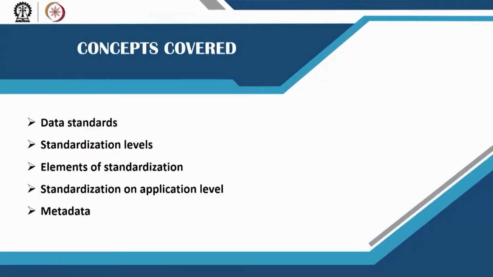As I go through the concepts, the first thing is I would look at what data standards are, and what the standardization levels are. There are 3 levels of standardization, and how we have to do standardization, all these are very well established levels. Then we will look at elements of standardization. There are certain ways of how each and everything has to be standardized. Then how we can apply data standardization at the application level also.